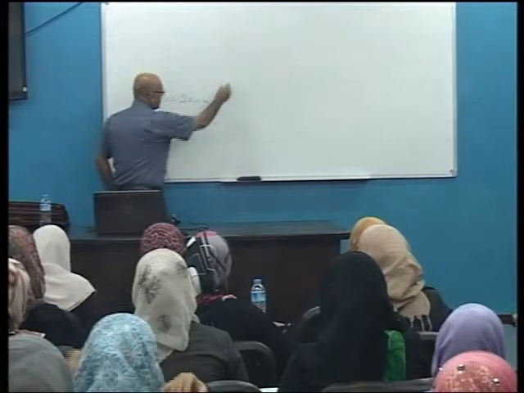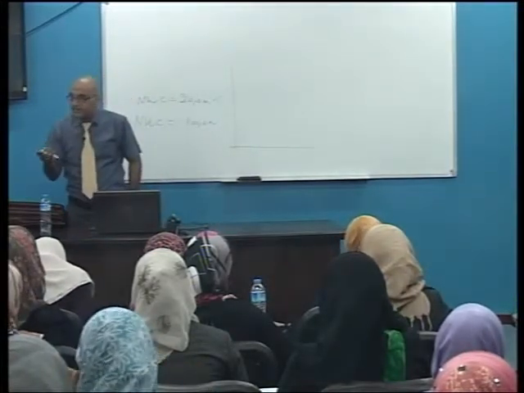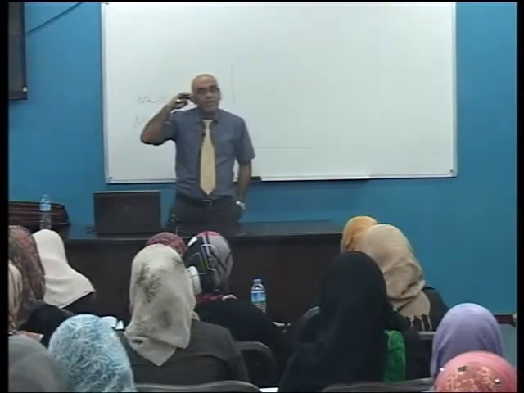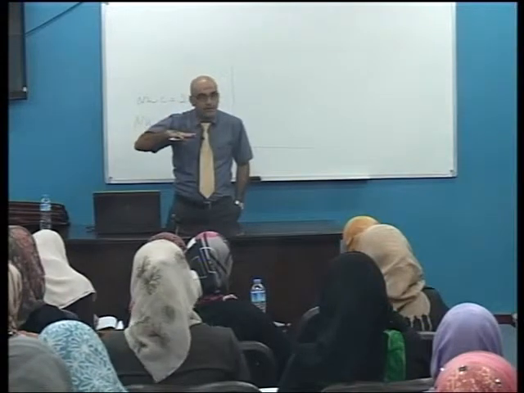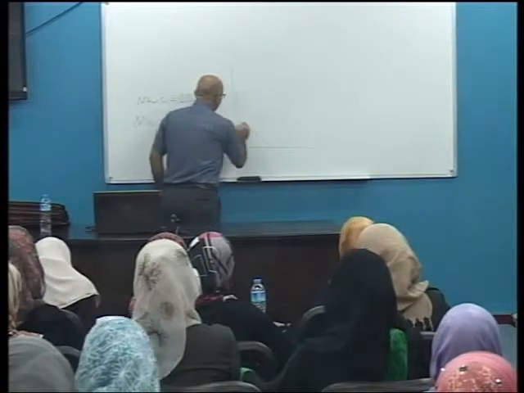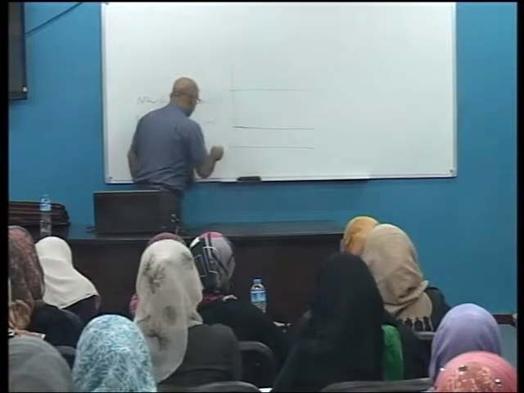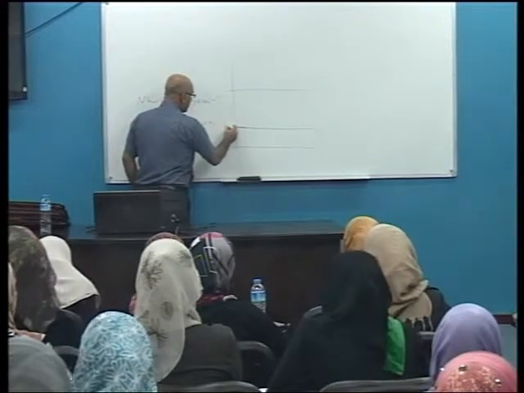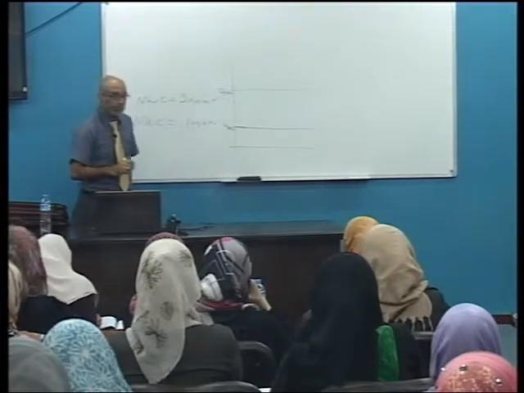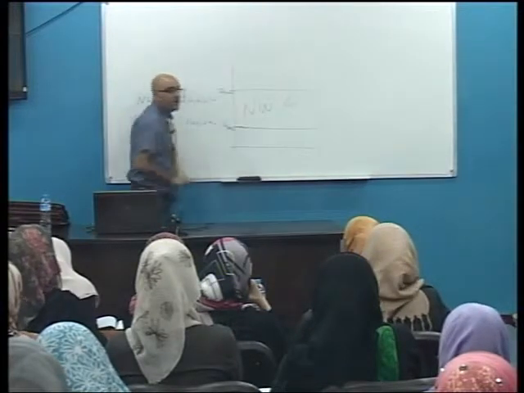I explained this in the financial analysis. Financial managers set in their minds the acceptable rate of liquidity, or the acceptable rate of net working capital. The acceptable rate is located in this area. For instance, they will say, okay, this is $10,000 and this is $30,000. If the net working capital is located in this area, it's fine.